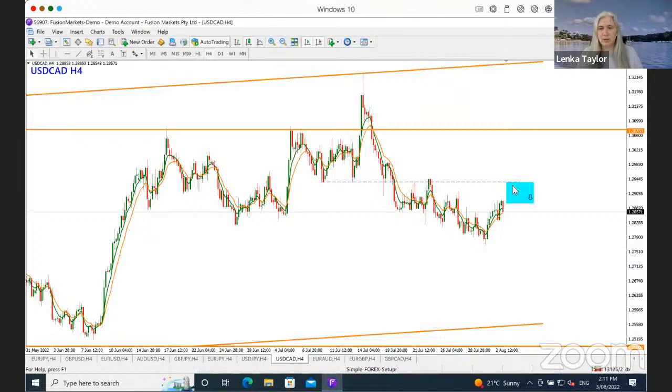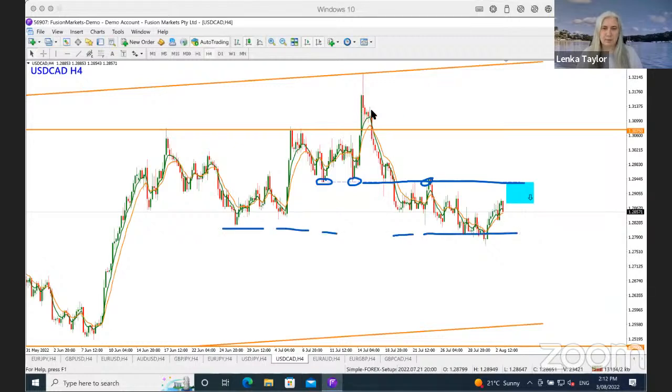So I'm looking for the price to go higher up, in line with the previous lows and the previous high there as well. If the price would get there, that would give me enough room to take partial profit before that level of support on that time frame. So looking for short on USD CAD.